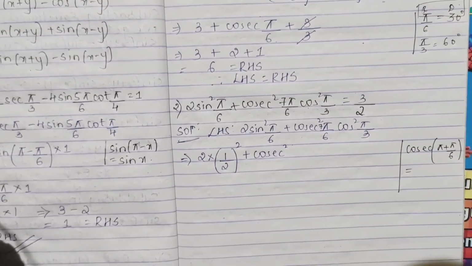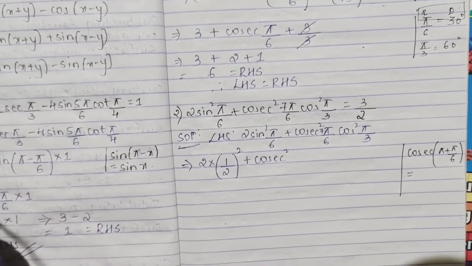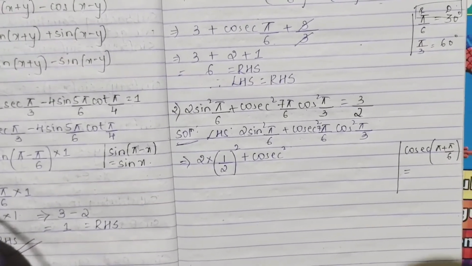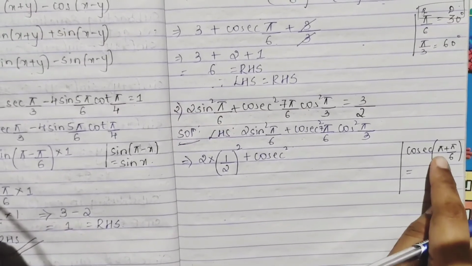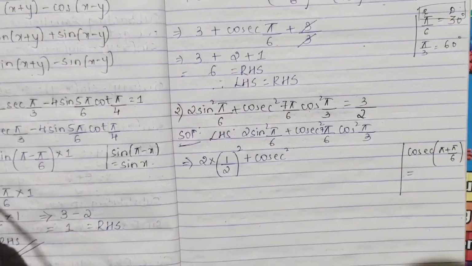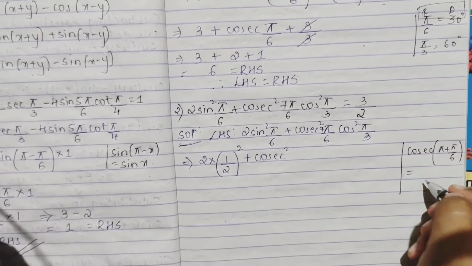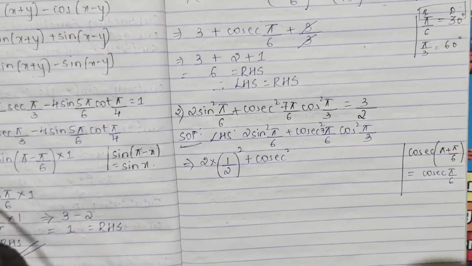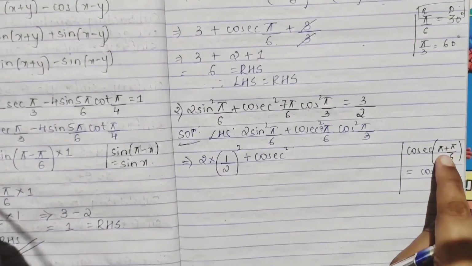If you can't remember this identity, remember I have shown you in your quadrant also. When it is pi by 2 minus x, your pi means it is lying on x axis. On x axis means function doesn't change, so cosec remains same, cosec x, and then you have to check in which quadrant it lies. It is pi plus x, right?